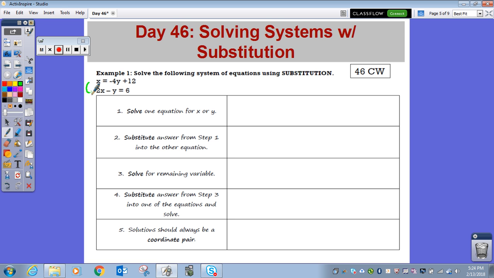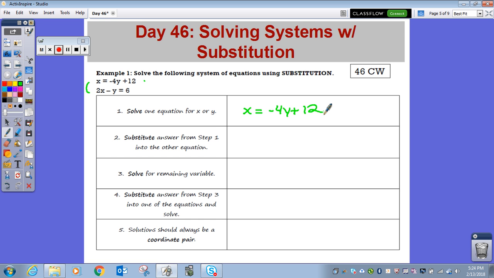My x is already solved for, so I'm going to write that down as my first box: x equals negative 4y plus 12. I don't have to do any work here. I know we're used to solving for y, but with substitution you can solve for x or for y. It's up to you. Since x is already by itself, we're good to go with that first equation.